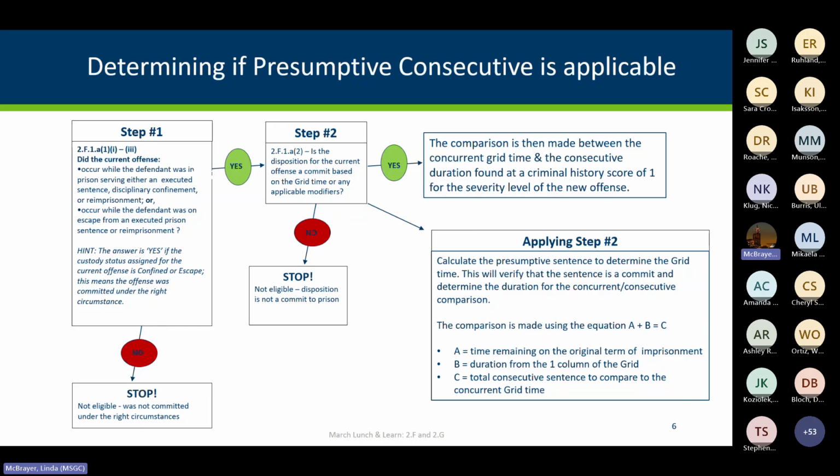So it's an equation of A plus B equals C. A being the time remaining on the original term of imprisonment, B being the duration at the one column of the grid, and C now being the total consecutive sentence that is then compared to the grid time, and the court should impose whichever one is longer.